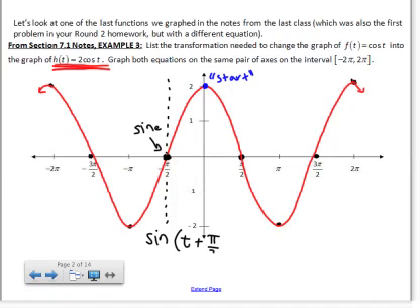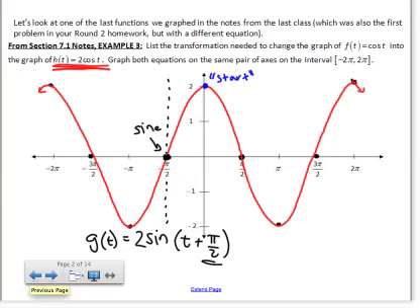A high of 2 and a low of negative 2. So once again, we still have the coefficient of positive 2 in front of the sine function. We have shifted our graph. Our 0 is now shifted to the left, so that makes the t plus pi over 2. And so we would label this maybe g of t equals 2 sine of t plus pi over 2.